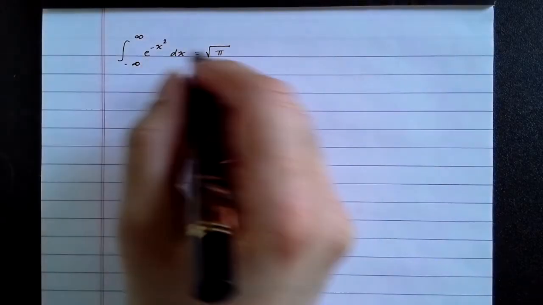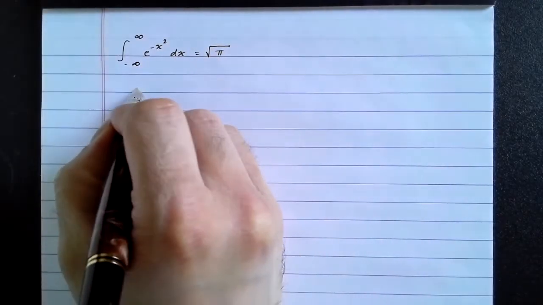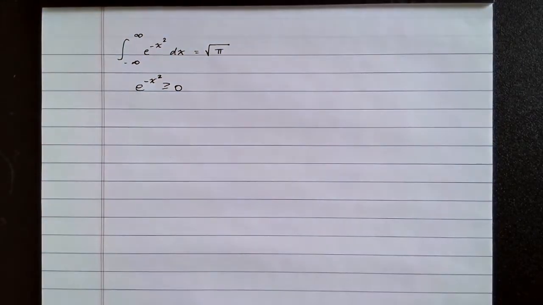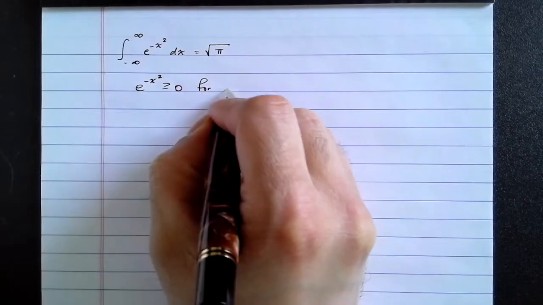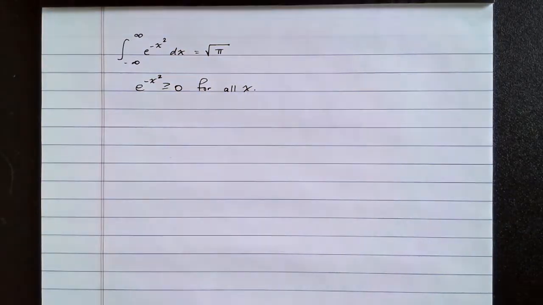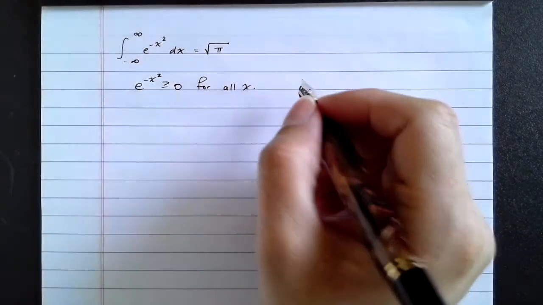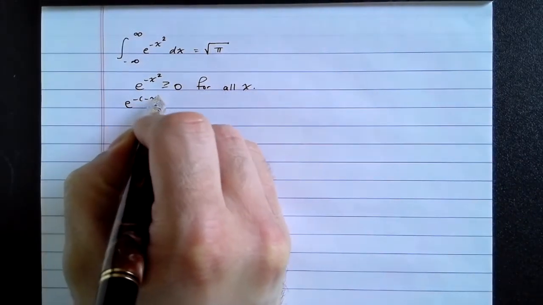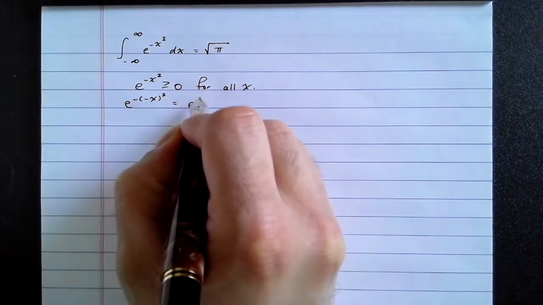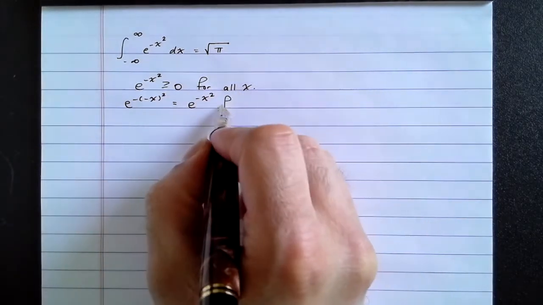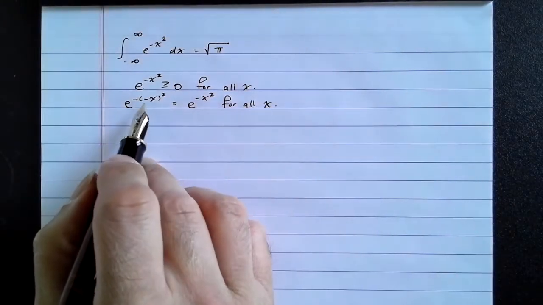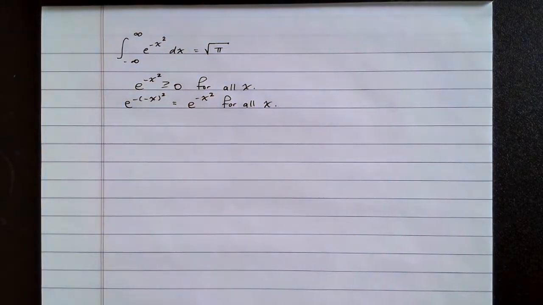Let's start by showing the integral is convergent. One thing you want to notice is that this is always bigger than or equal to 0 for all x. And also we have symmetry in the sense that if I just plug in negative x, I get the regular function value.